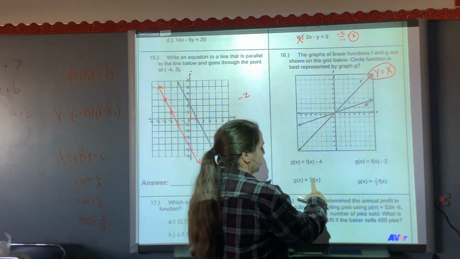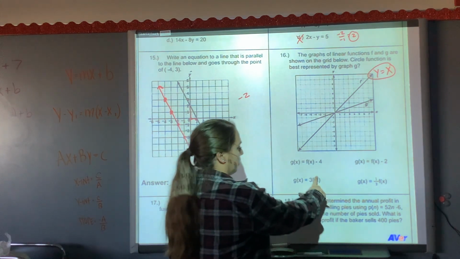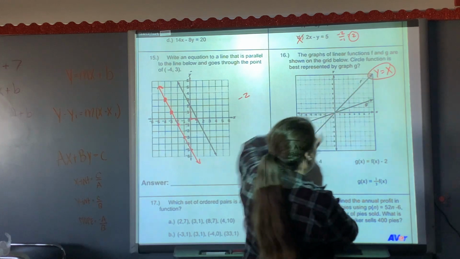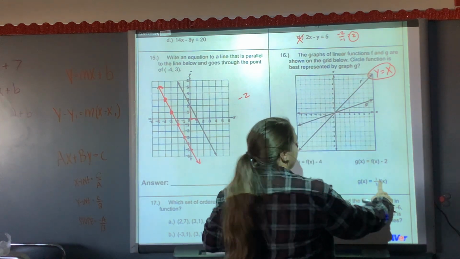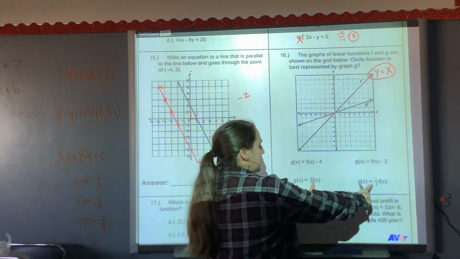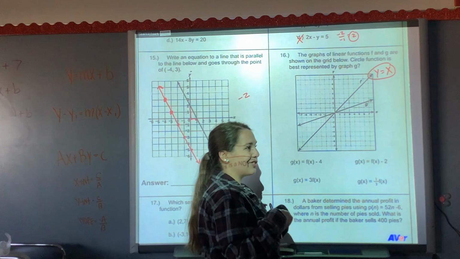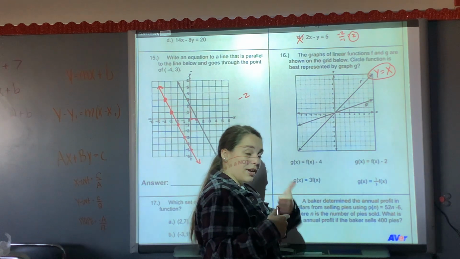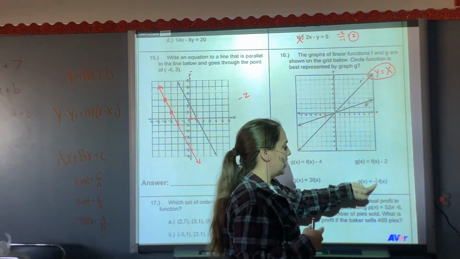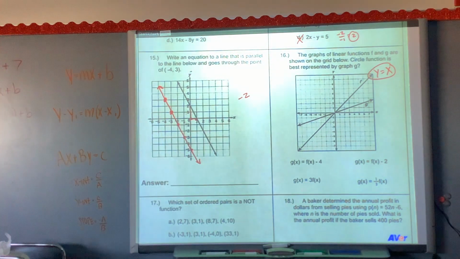And this time, it just so happens to say 3 times the version of our f of x line, or 1/3 the version of our f of x line. I want you to choose out of these two. Do we have 3 times the version, which means our slope is going up to 3, or is our slope getting smaller and going to 1/3? You tell me.